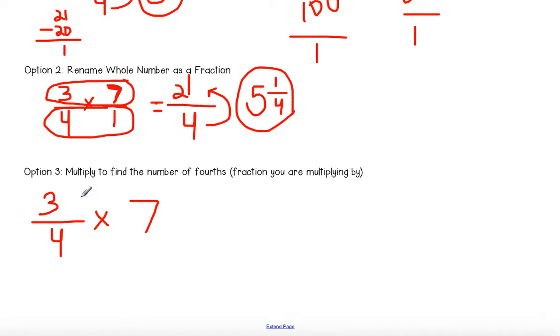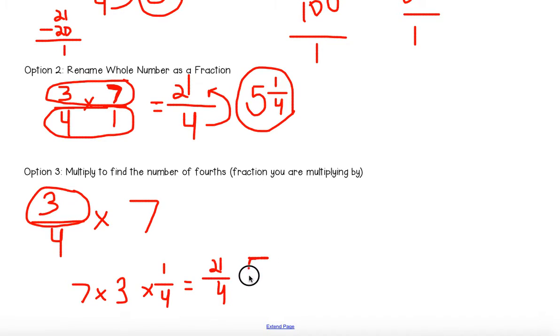So what I can do is take this 3 and pull it out and say 7 times 3 times what I have left over is 1/4, and solve it that way. So 7 times 3 is 21, times 1/4 would be 21/4. And I know how to turn that into a mixed number because we've done it 2 other times. So now I have 5 and 1/4.